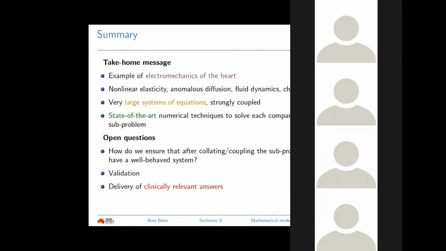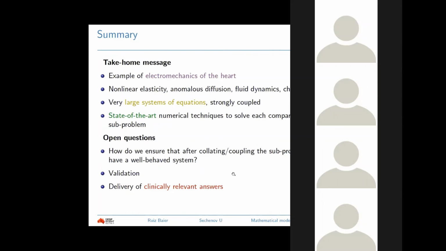One of the questions is, how do we ensure that after coupling the sub-problems, or if I know how to solve each of those separate systems, what happens if I put them together? Am I confident that the solution that we produce is going to be similar to the one from the physical problem? So that also is related to the concept of validation.